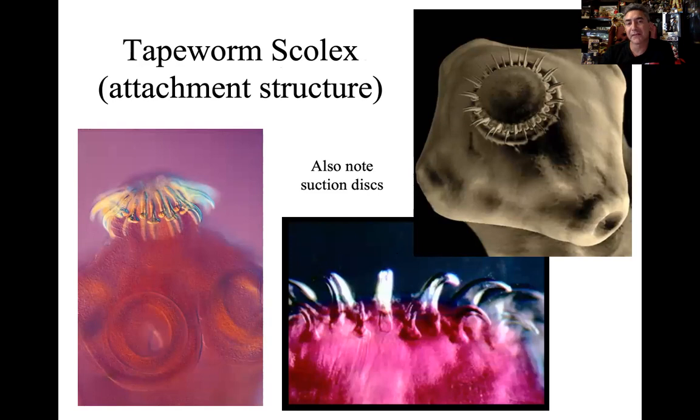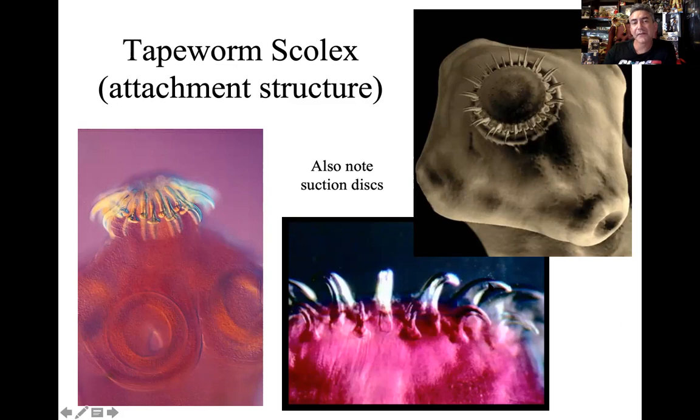So that's going to be the attachment structure for the tapeworm. If you're going to have a tapeworm living inside of you, that tapeworm has to have a way of attaching itself in your system. And that's that first sort of modification, this crown of hooks there.